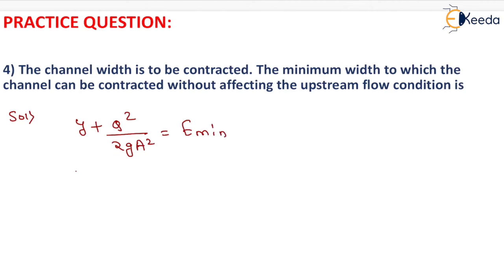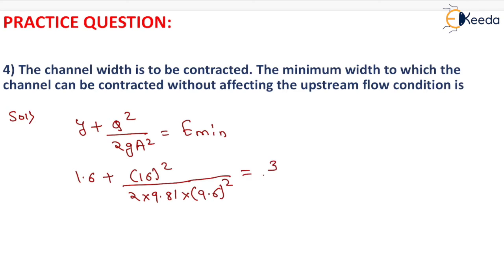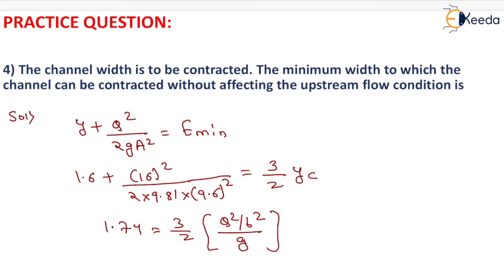On putting the value of y as 1.6, q as 16, whole square upon 2 into 9.81 into 9.6 whole square will be equal to 3 by 2 into yc. Now 1.74 will be equal to 3 by 2 into (q square upon b square upon g) to the power 1 by 3.